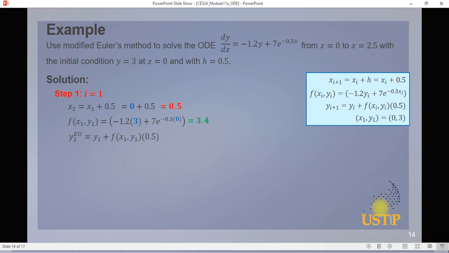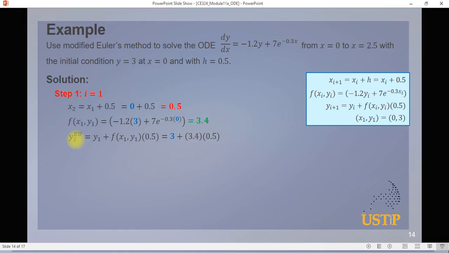Then we will be using this slope, actually this is a slope, to solve for the approximate value of y. Okay? Actually, it is a combination of interpolation and numerical differentiation, no? Combination ni siya.